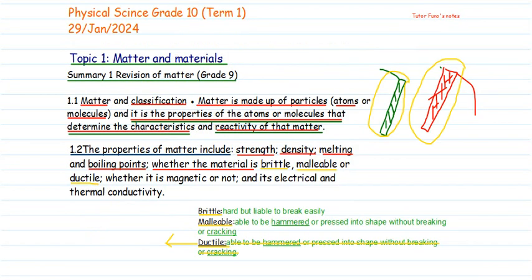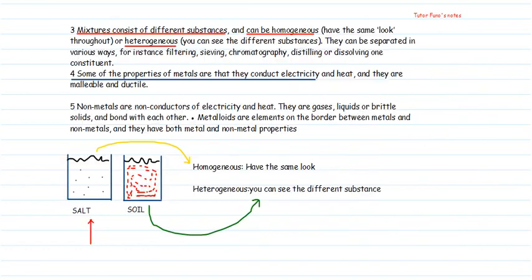And again, guys, if you didn't watch part 1, please go to part 1. This is what I was talking about, ductile. Ductile are metals that when we cast them into various shapes, we can form electrical wires and so on. So again, some of the properties of metals are that they conduct electricity and heat, and they are malleable and ductile.